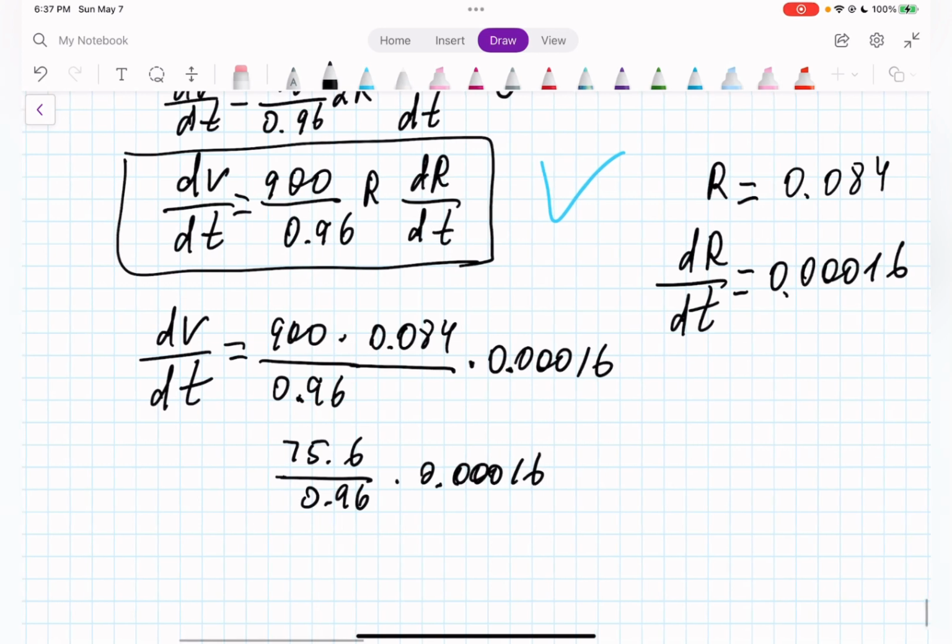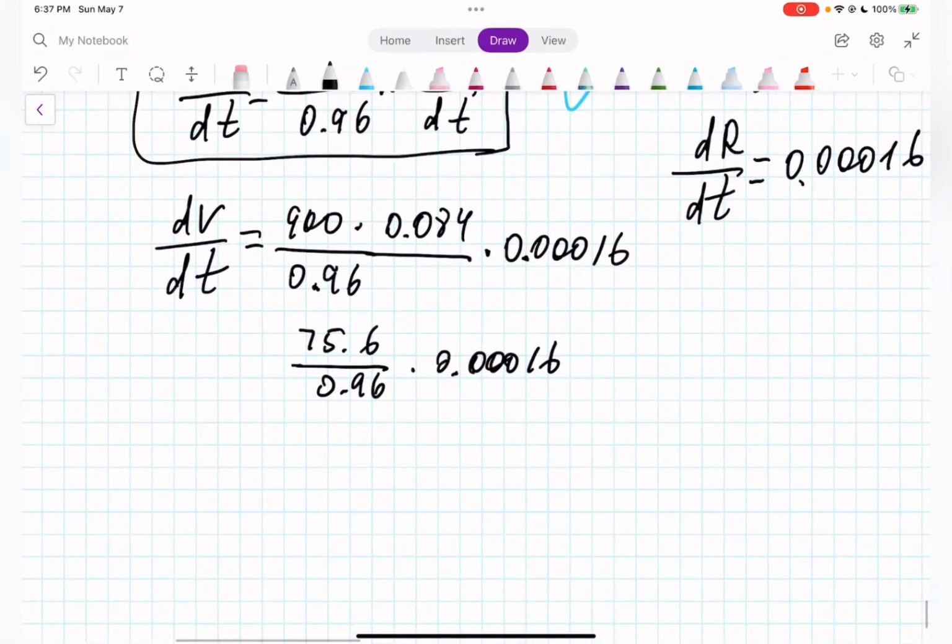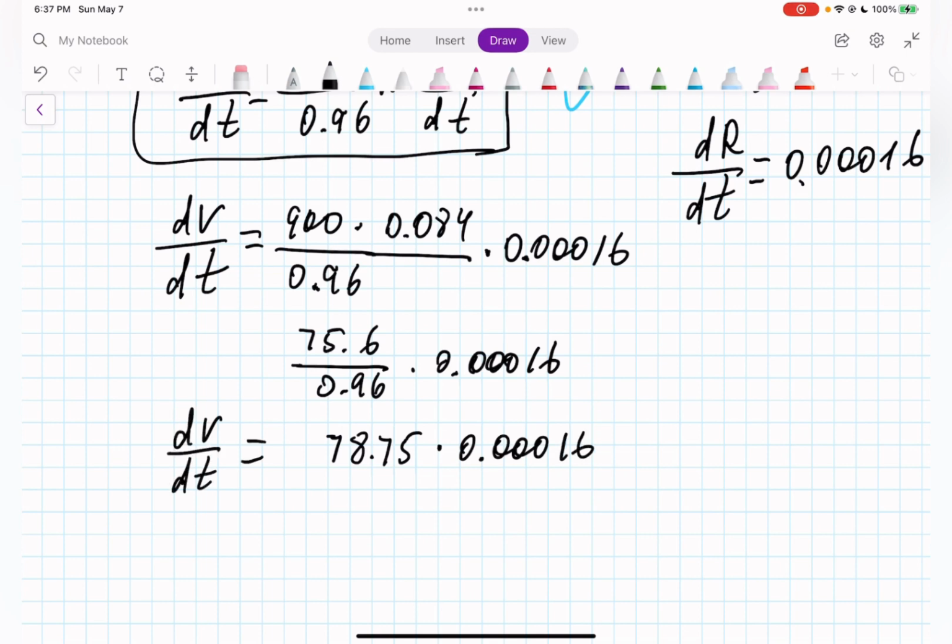So 75.6 divided by 0.96, we are getting 78.75, and times 0.00016, that is dv by dt.